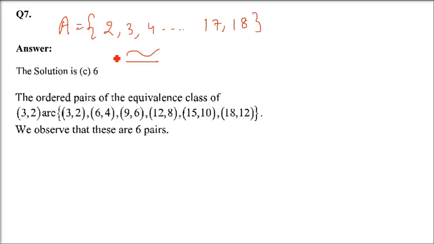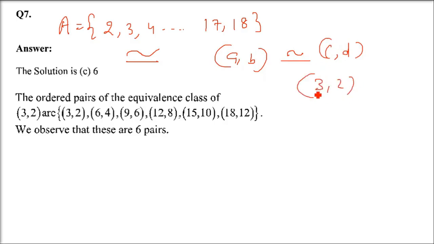This symbol will be the equivalence relation on A cross A, the Cartesian product of A with itself, and this is defined by (a, b) is equivalent to (c, d) if ad equals bc. Only when ad equals bc will these two be equivalent.